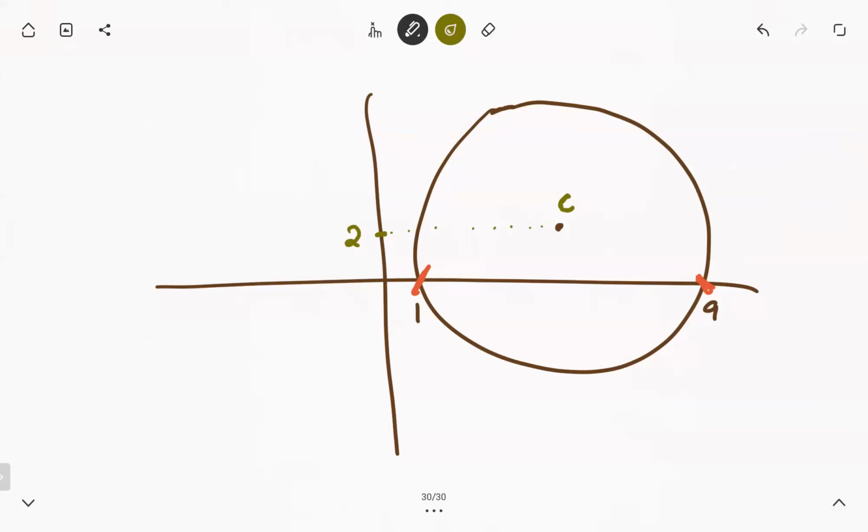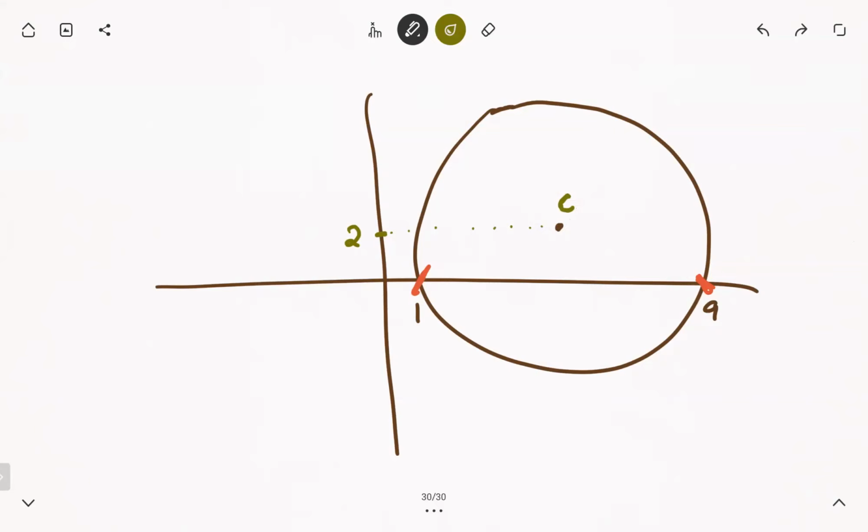The problem is we already know the y coordinate of C, which is 2, but we don't know the x coordinate. How to find the x coordinate? See here, if I draw a perpendicular from C to here, now I'm going to do this in this particular case. Next time you will be writing directly the x coordinate.